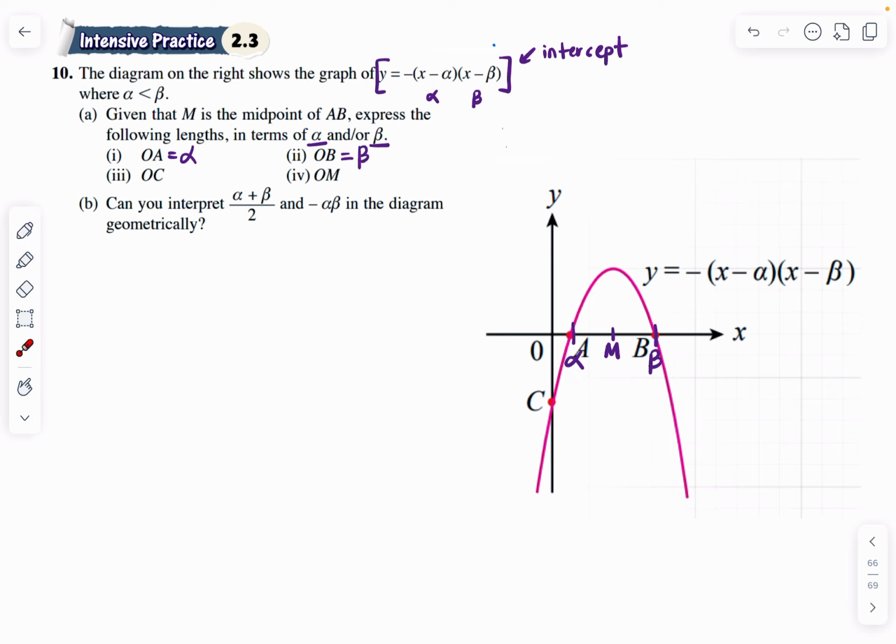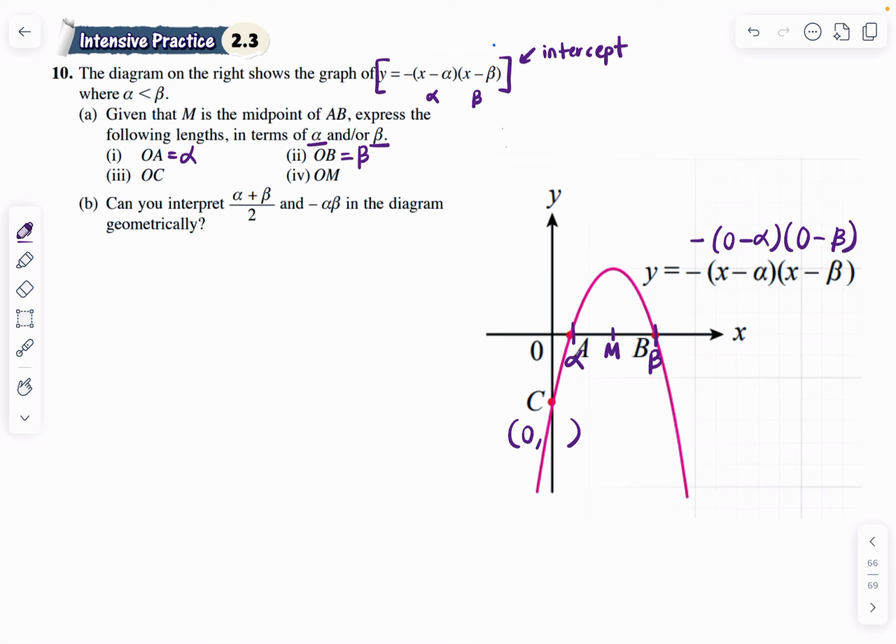The length of OC here, this is the y-intercept. So to find the y-intercept, at the y-intercept, x will be 0. So what we can do is, we can sub this and this with 0. So negative, 0 minus alpha, 0 minus beta.